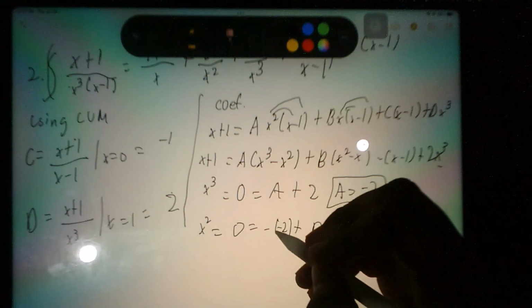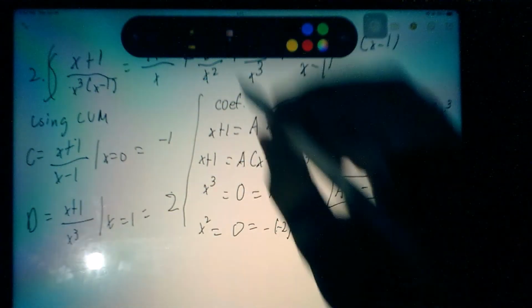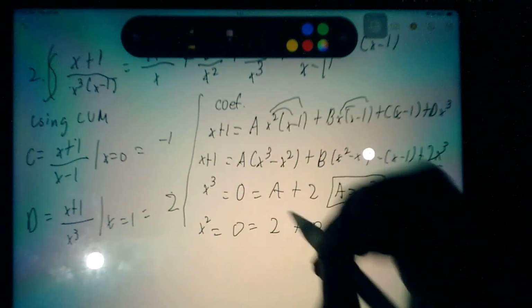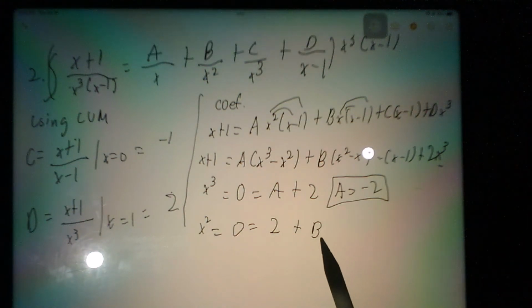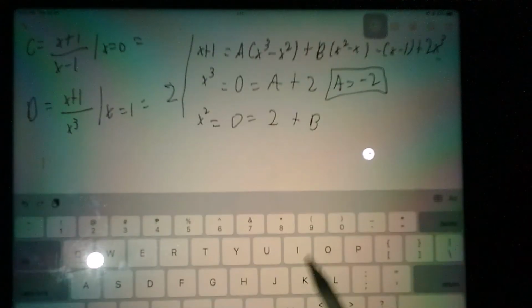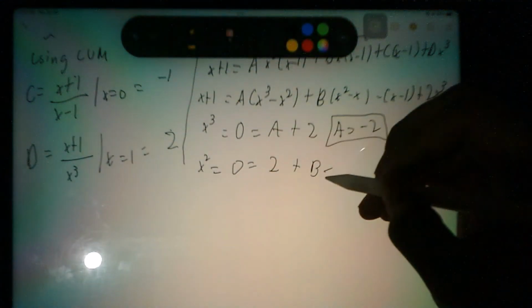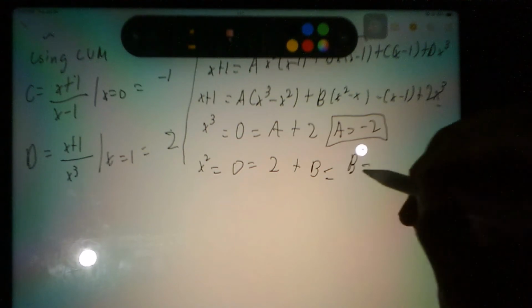Negative 2 and another negative will become positive 2. So what number of b must be subtracted from the 2 to make 0? That is just negative 2. So b is equal to negative 2.